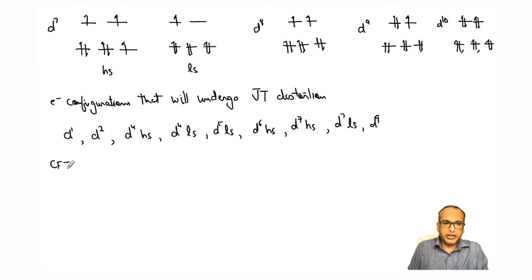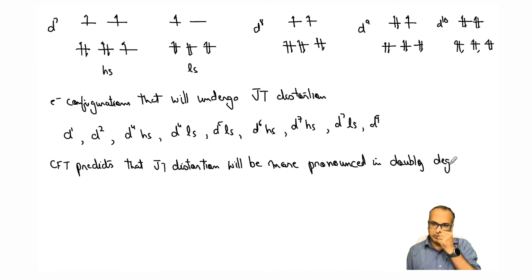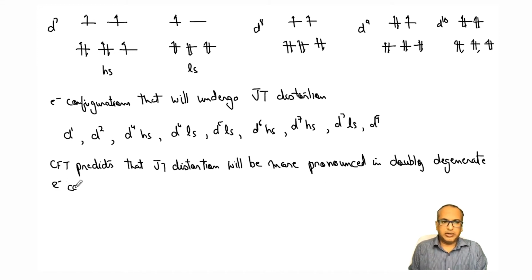So CFT predicts that Jahn-Teller distortion will be more pronounced in doubly degenerate electronic configurations. We will see how we can explain this, but let us first write it down.